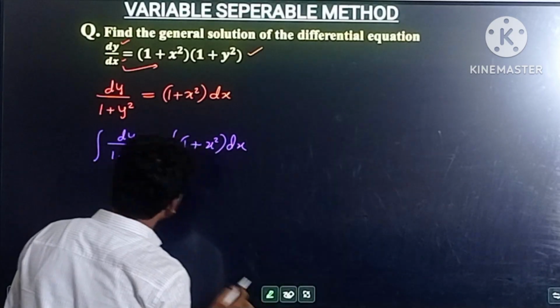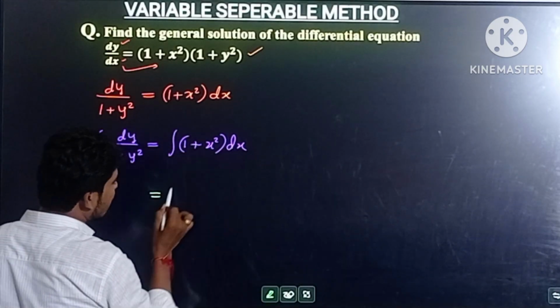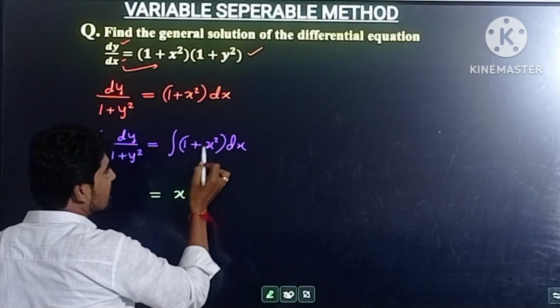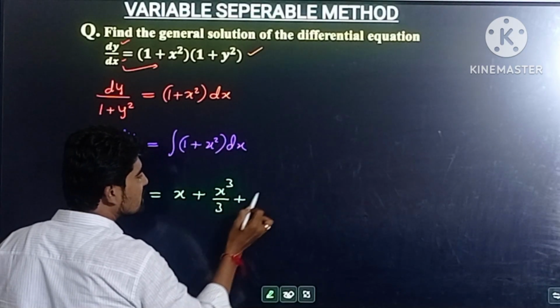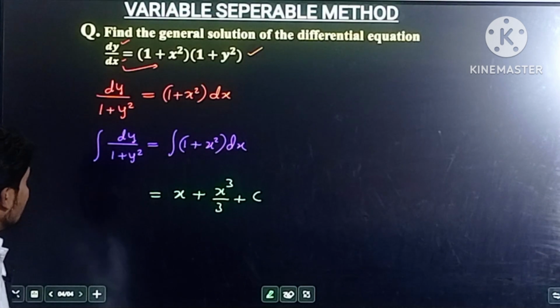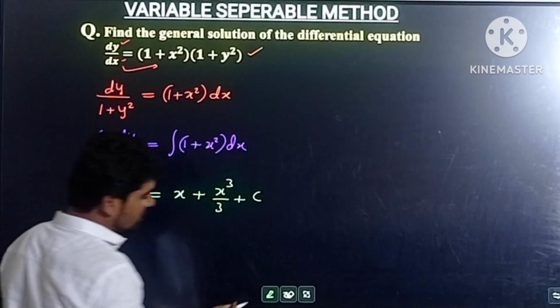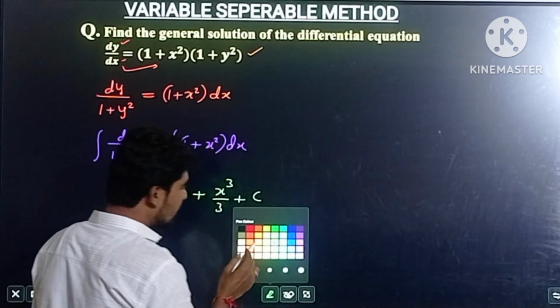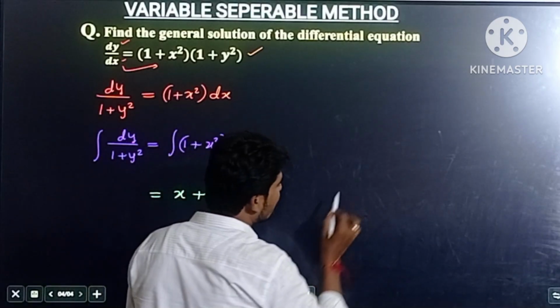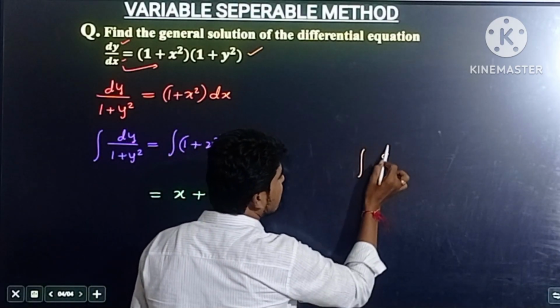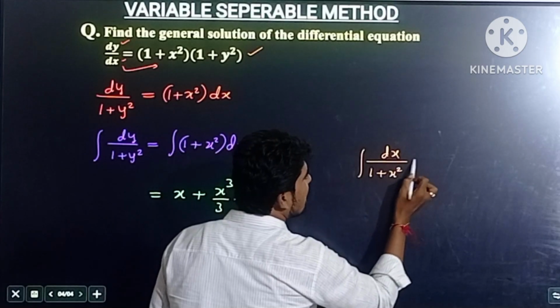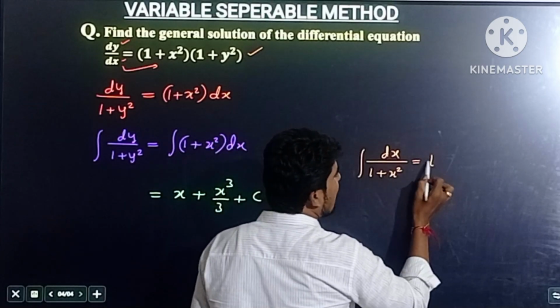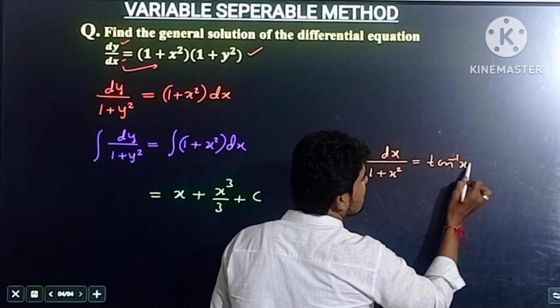Now see here, as you know that integration of 1 dx is x plus integration of x square dx is x cube by 3 plus c. And to integrate this dy by 1 plus y square, here we have one of the standard integration formulas. That is what? Integration of dx divided by 1 plus x square is equal to tan inverse x plus c.